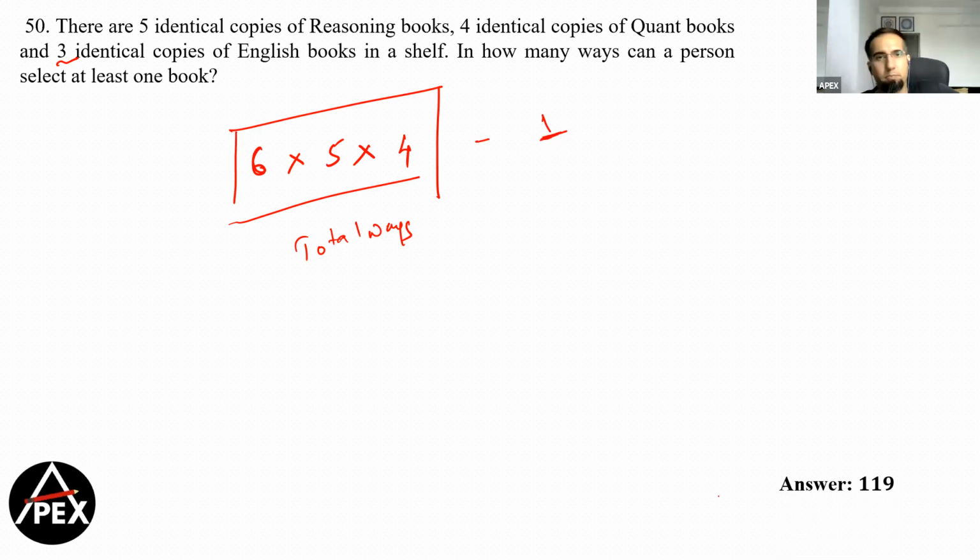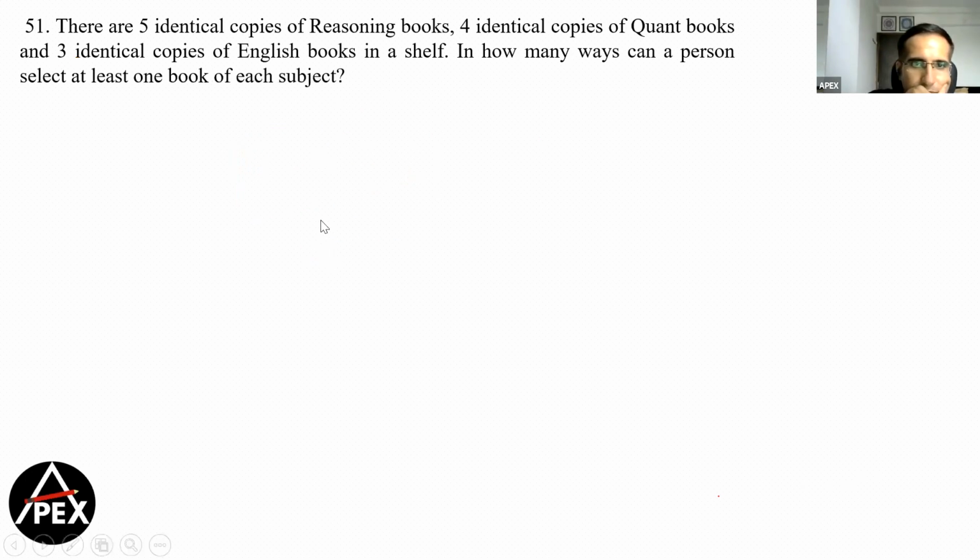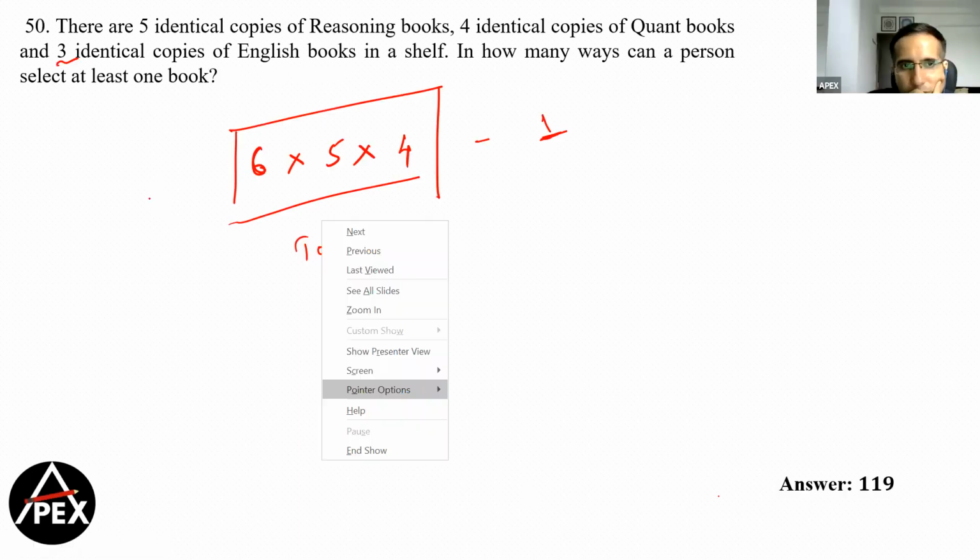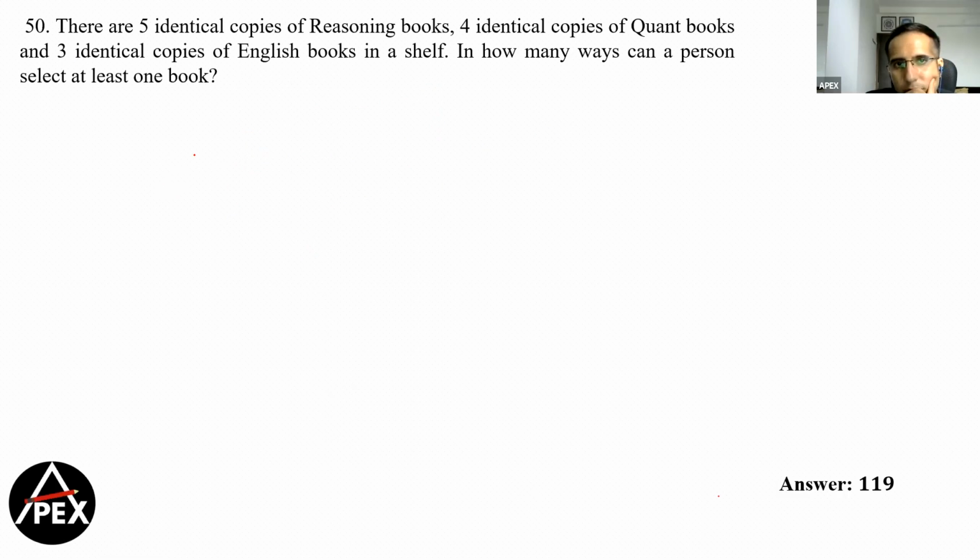Any doubts here? See, if you have a doubt, guys, let's start understanding this. There's a possibility I might pick 0 reasoning books. Along with 0 reasoning books, I can have 0 quant books, or 1 quant book, or 2 quant books, or 3 quant books, or 4 quant books.